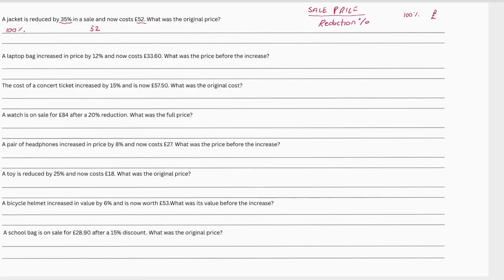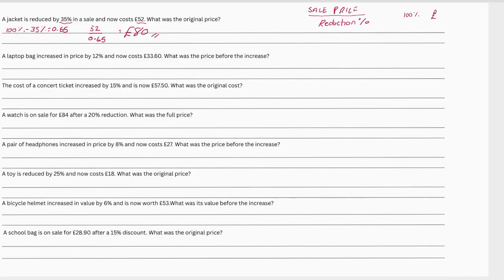We reduce it by 35%, which gives us our new percentage, which is 0.65. So we are now dividing by 0.65. You will have a calculator at this point, and the answer is £80. So that was the original price.